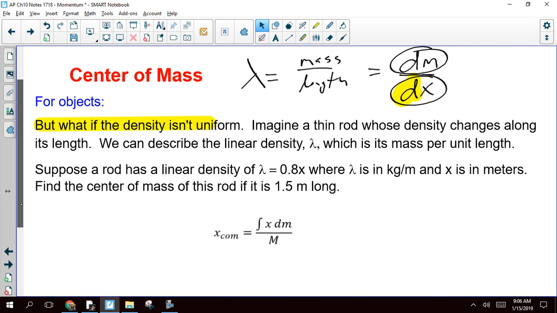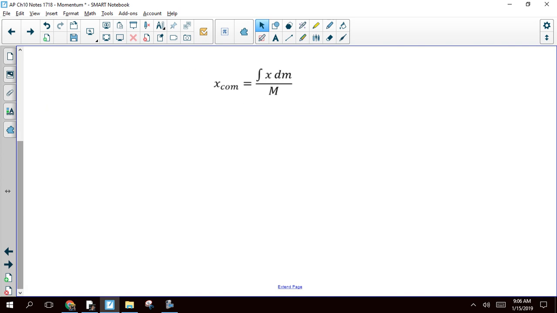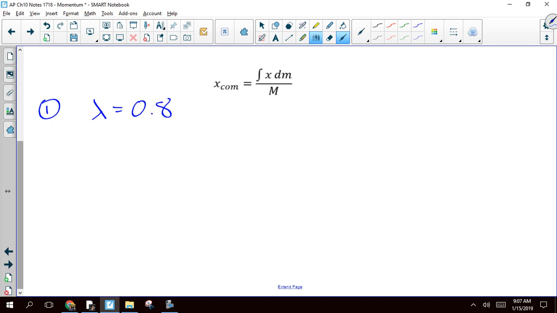There are 2 tricks to this. First of all, we know that our linear density, for this problem, is 0.8x. And we also know that linear density is the ratio of mass per unit length.